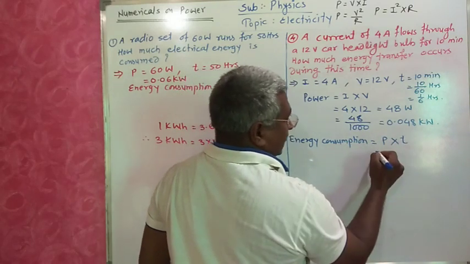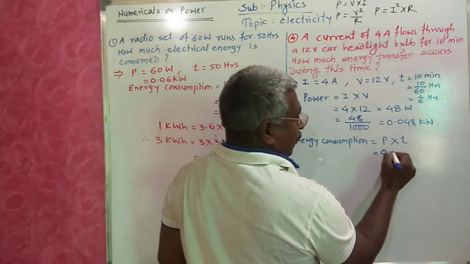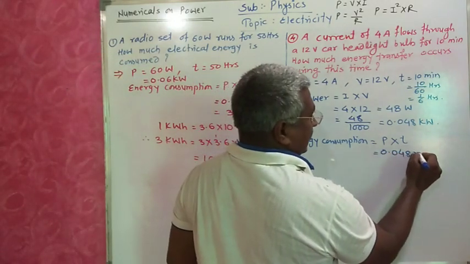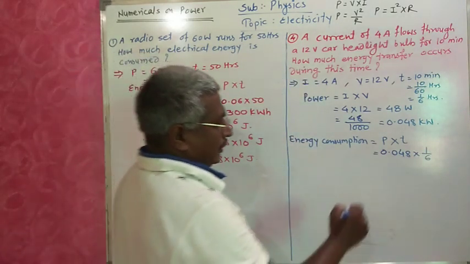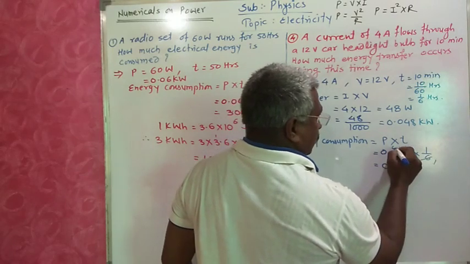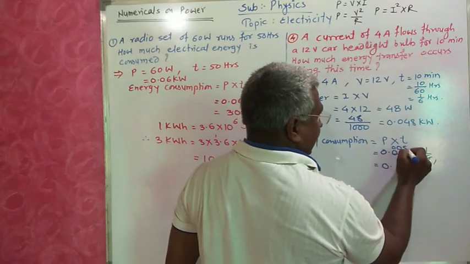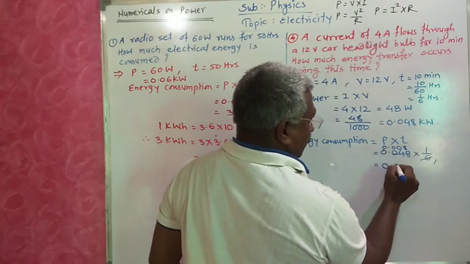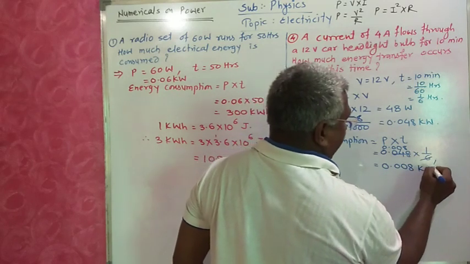Power into time. What is the power? 0.048. Time is 1 by 6. Now divide, and we get 0.008 kilowatt hour.